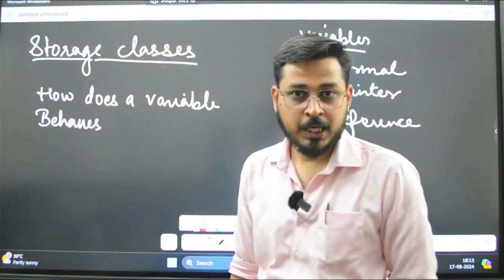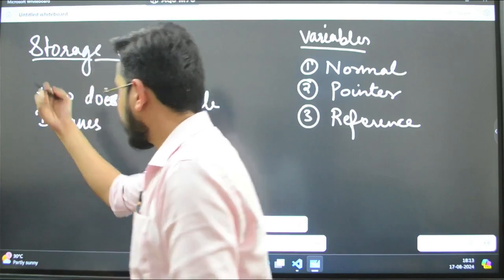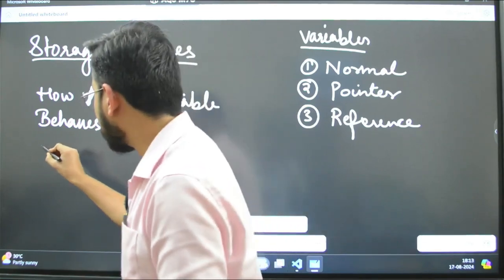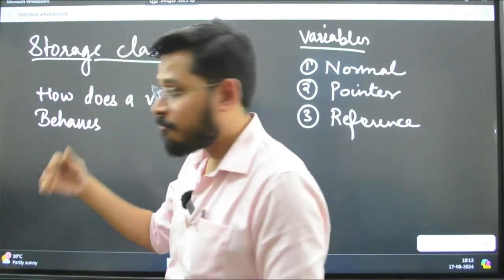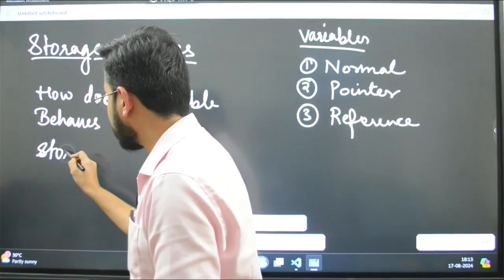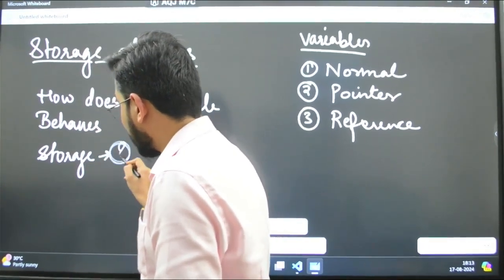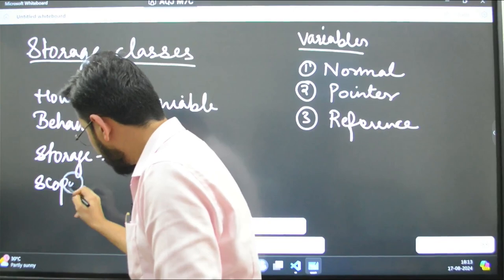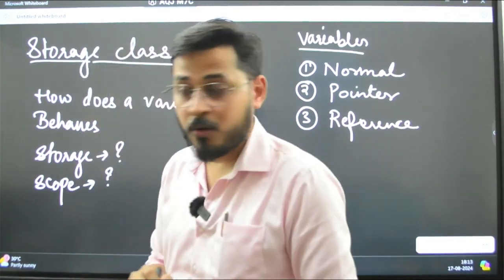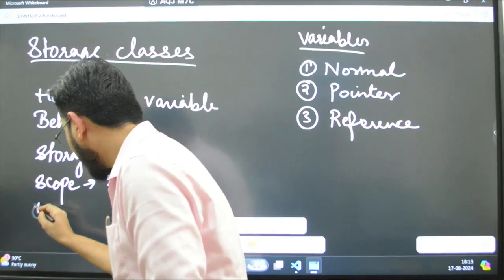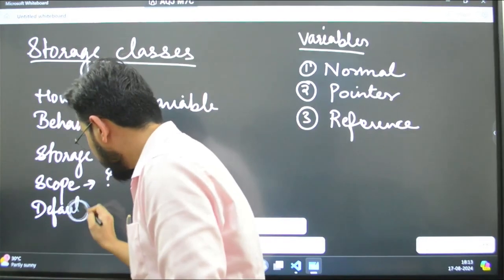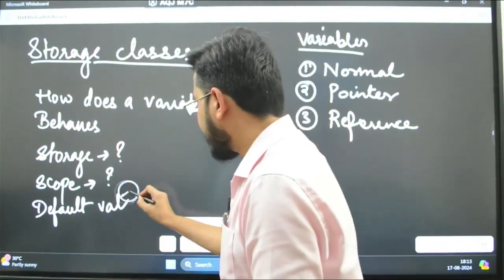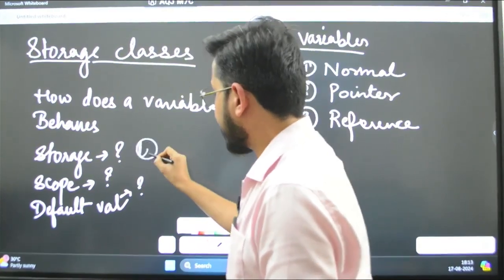We will talk about what the type of a variable is, where it gets created, so what its storage is, what its scope is, what its default value is, and what its lifetime is.